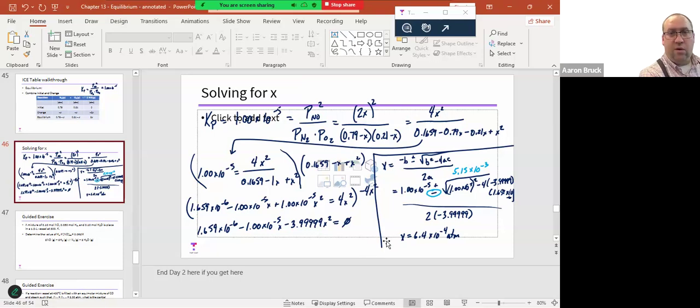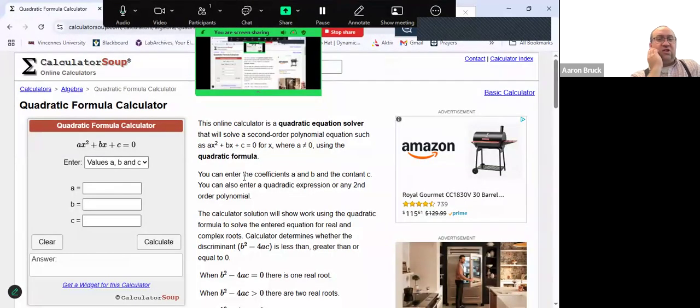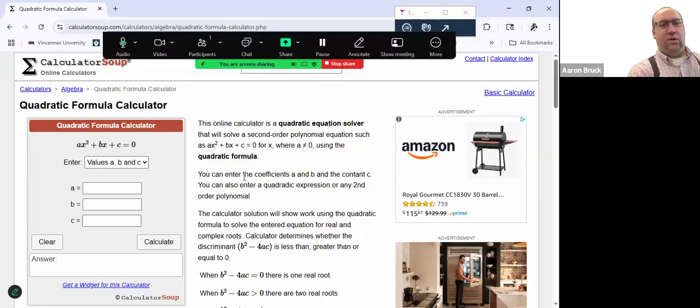So what I would be seeking to do is I would be searching for something like this, a relatively simple tool where I can plug in my values of A, B, and C.